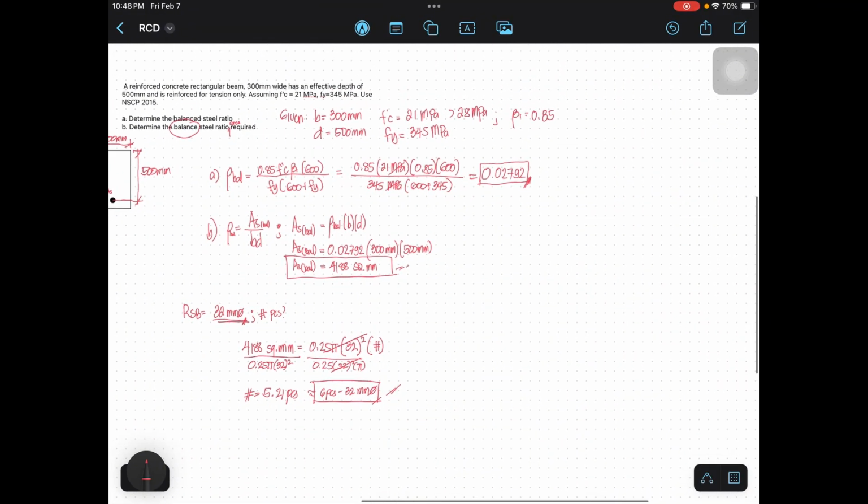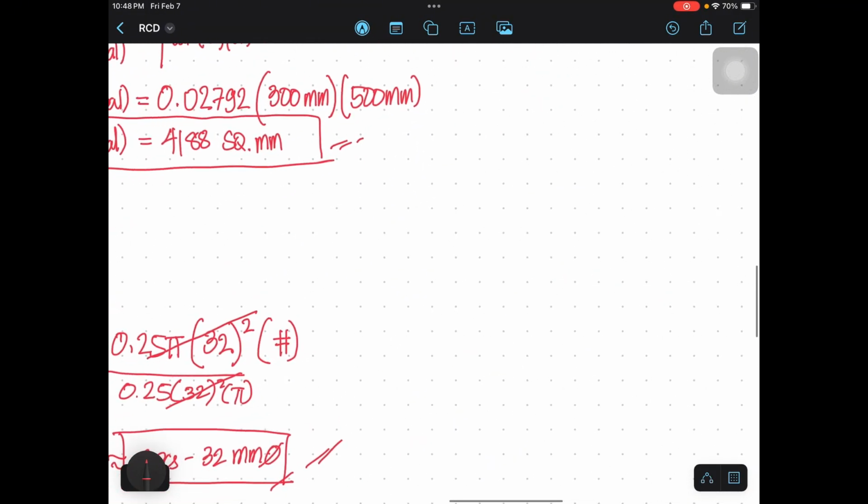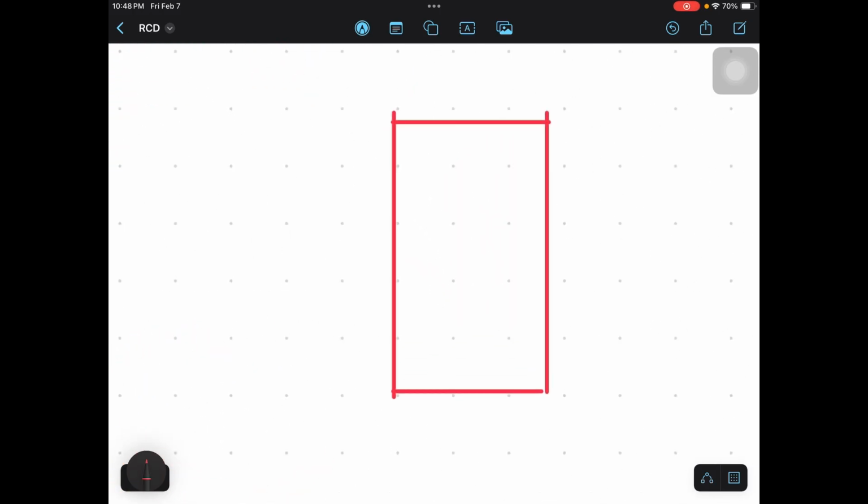Okay, so if we're going to draw the cross section of the beam, meron dito na tie wire, so nato scale na lang yung ating model.